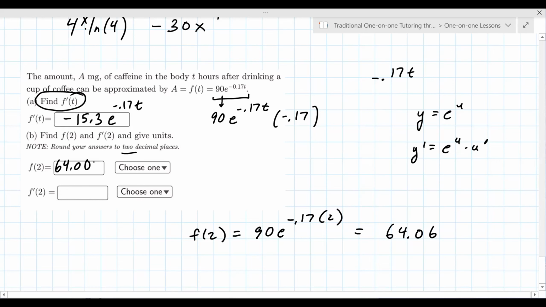Now your units are whatever the units of A are. Looks like it's going to be milligrams for that one. For the derivative, we're going to use the derivative function, that minus 15.3 e to the minus 0.17 times 2.